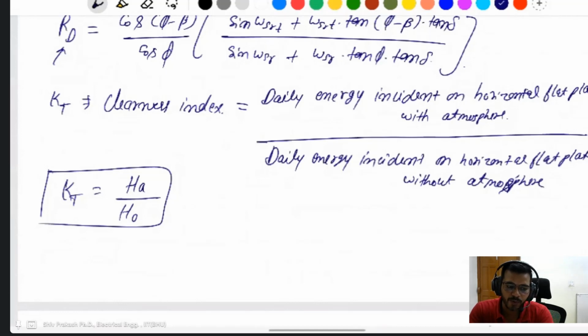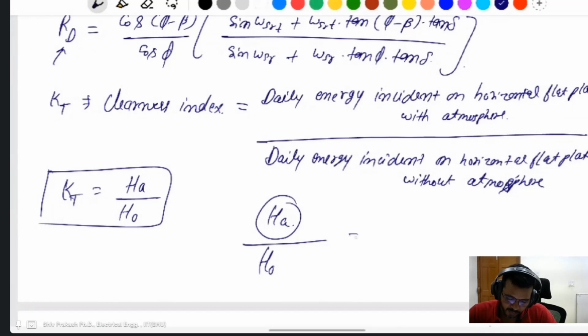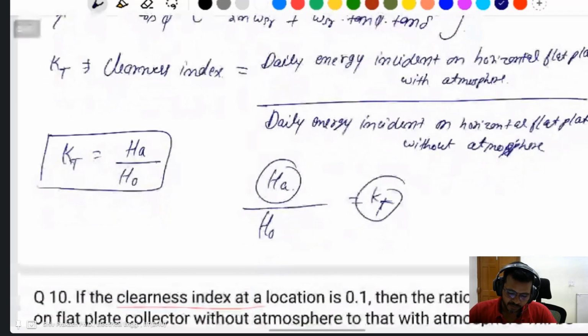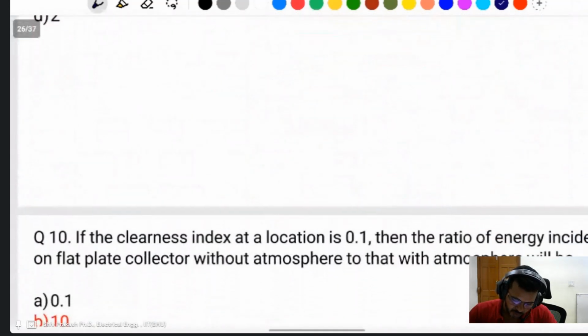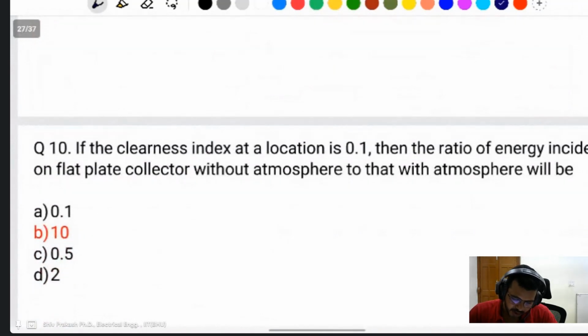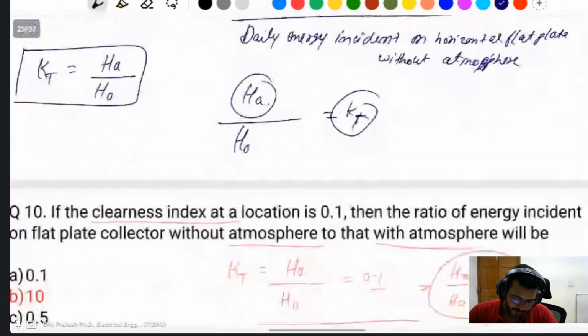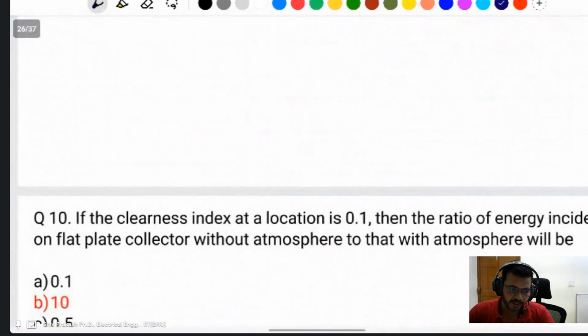Or you can measure the overall HA with atmosphere, the total energy in one day, and divide by the standard without atmosphere. This will be the standard. Then you can find the KT. The total energy is affected by two factors, KT and RD.